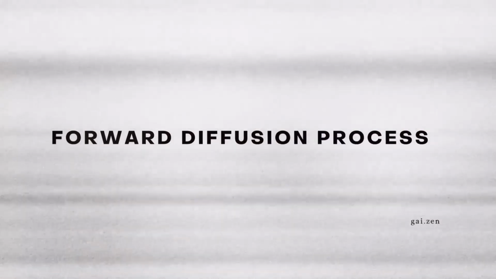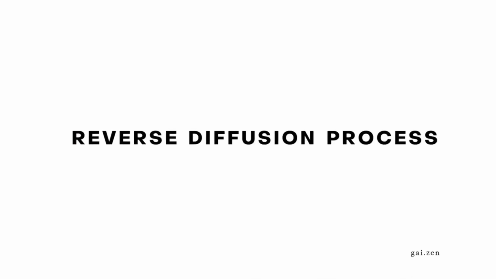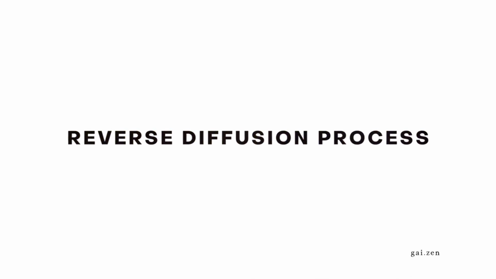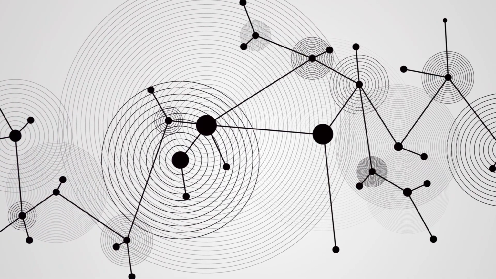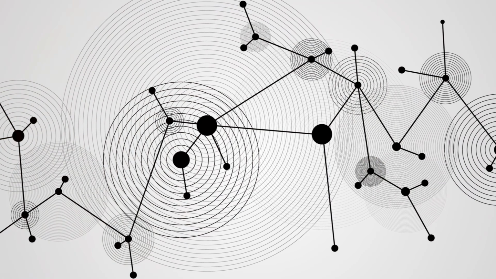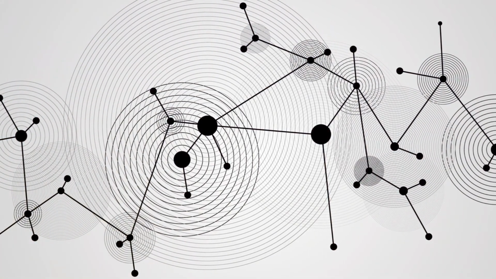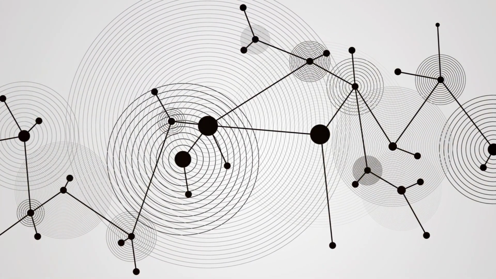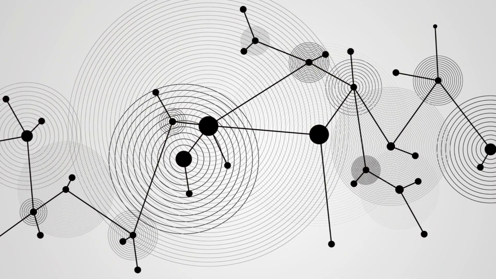That's the forward diffusion process. Now, imagine training an AI to reverse this process, to learn how to remove the noise and gradually reveal the hidden image. This is called the reverse diffusion process. The reverse diffusion process is learned using neural networks that are trained to predict the noise added at each step in the forward process.